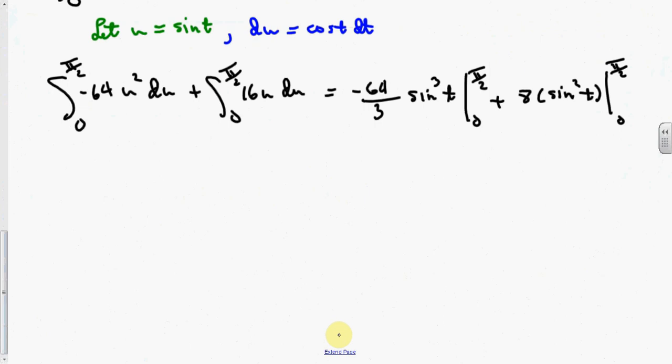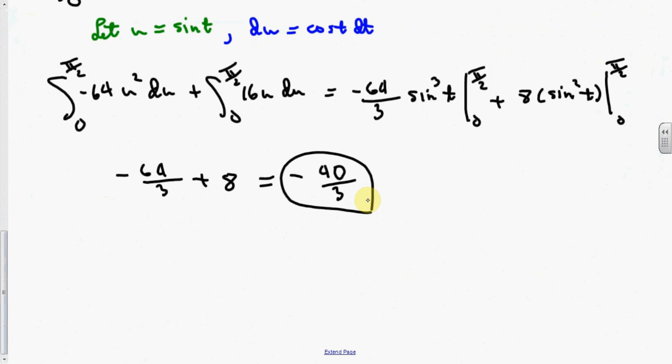You evaluate sine at pi over 2, you just get 1. So this is negative 64 over 3 plus 8. So what is that, negative 40 over 3?